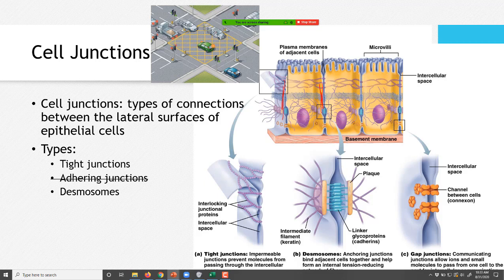Don't worry about adhering junctions. Desmosomes, we'll talk about later, but they're kind of like Velcro, keeping the neighboring cells together. And also gap junctions. Like the name implies, there are little gaps to allow communication between the cells.